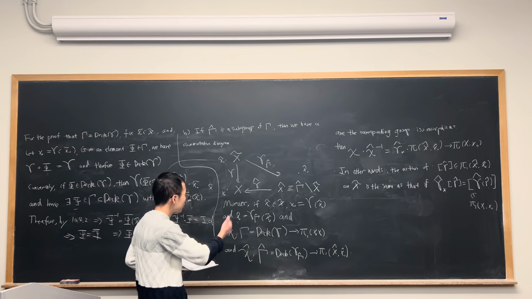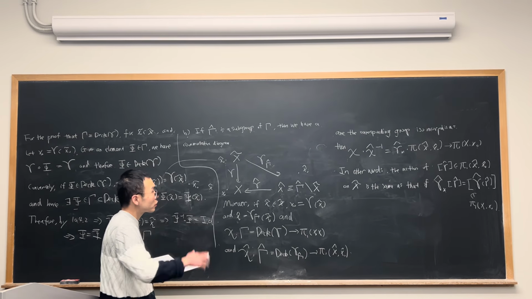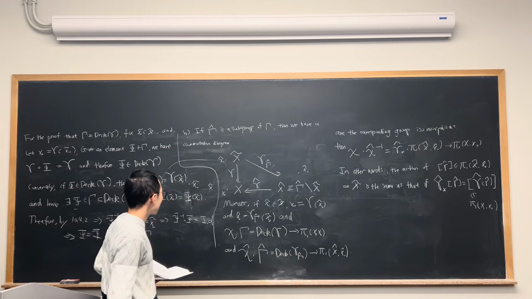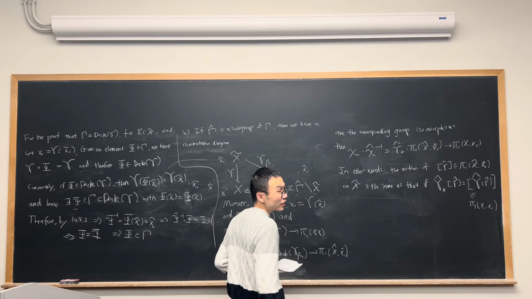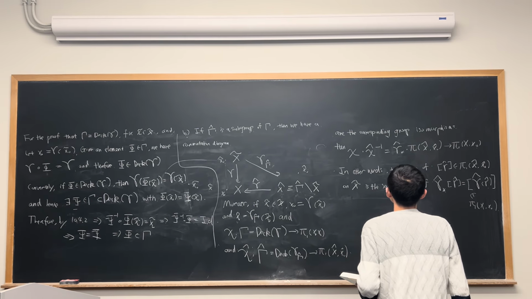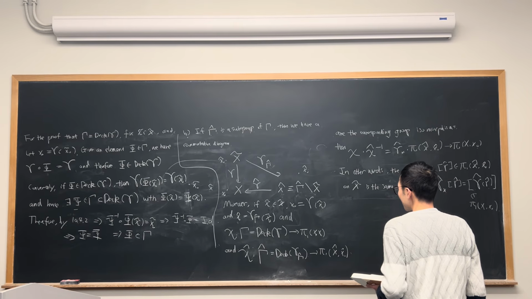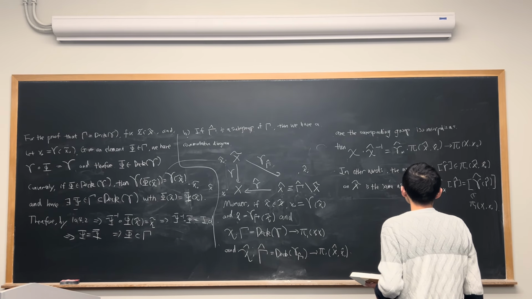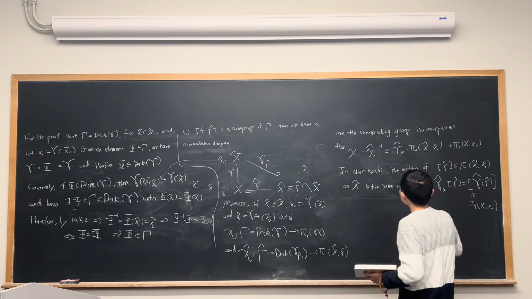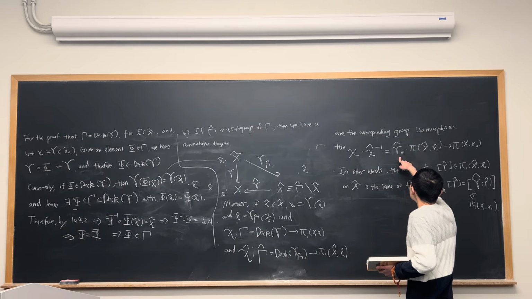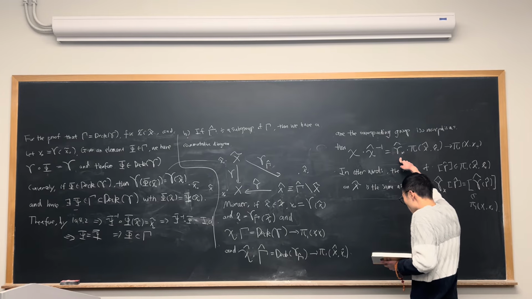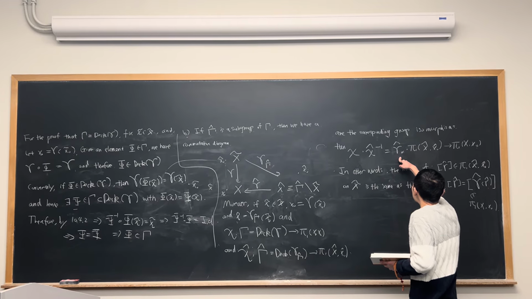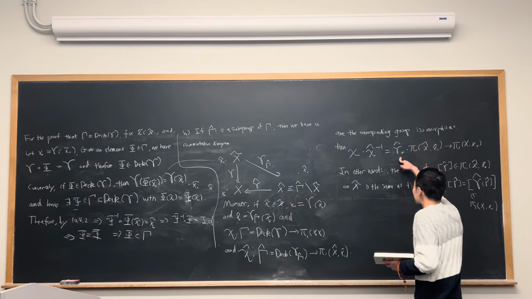So these are the corresponding group isomorphisms, and we are claiming that this chi composed with chi hat inverse is equal to the push forward map, the induced group homomorphism of this vertical gamma hat.